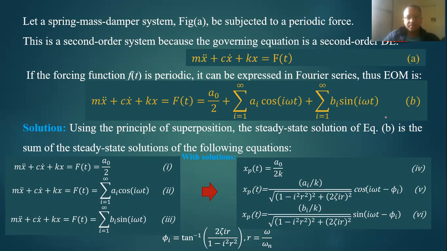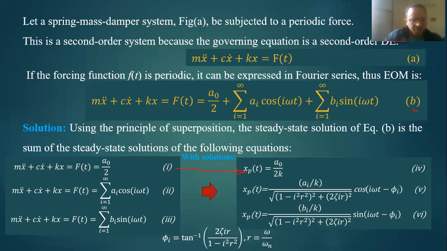Now, how can we tackle the solution for this system? First, let us break the system into three components: with the constant a naught over 2, with the sine function, and with the cosine function, and for each of these give a solution.